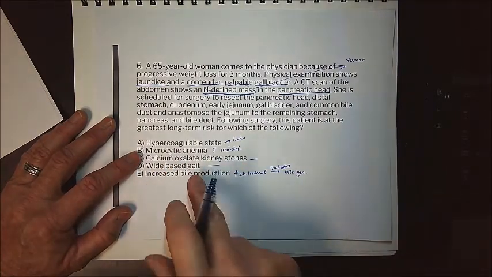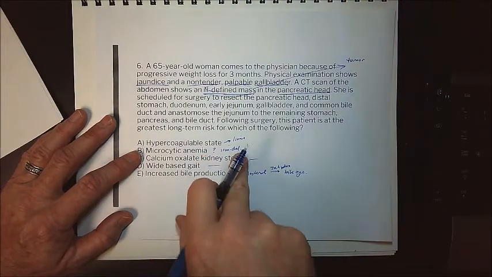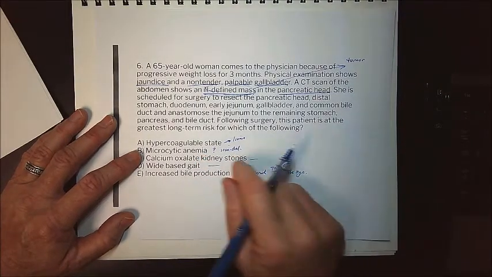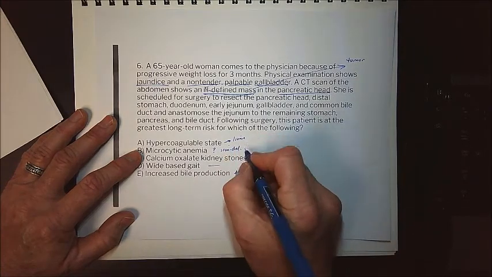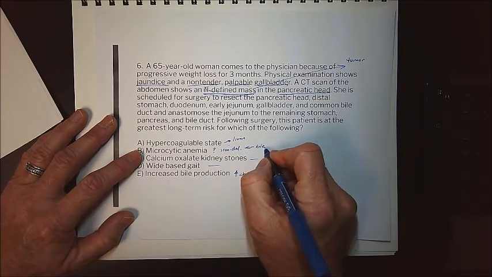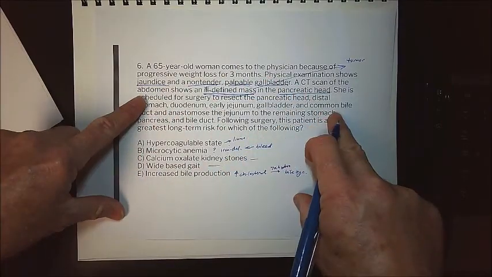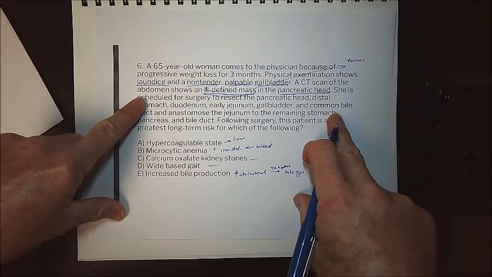Well, typically microcytic anemia is an iron deficient anemia. These are going to be those little small red cells, and it's typically due to a bleed. Okay, now under long-term conditions, is this going to cause a bleed? Well, probably not.